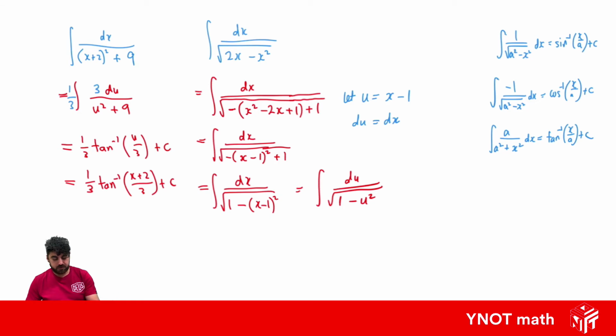You can see it's looking very much like this here, where a is equal to 1, because this is the a squared term, and square rooting 1 just gives us 1. So this is going to equal the inverse sine of u over 1, which is just u, plus a constant. We know u is equal to x minus 1, because we'll put everything back in terms of x, and that's our answer for the integral.